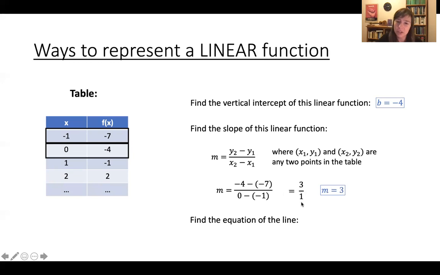So find the equation: f of x is 3x minus 4. I guess it's nice to know that you can use this formula for the slope whether you have a graph or a table.